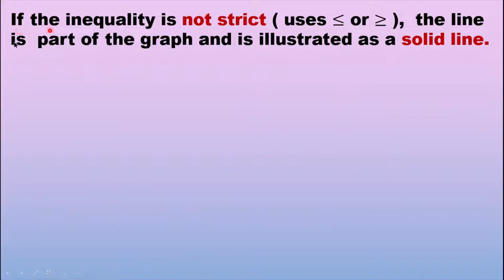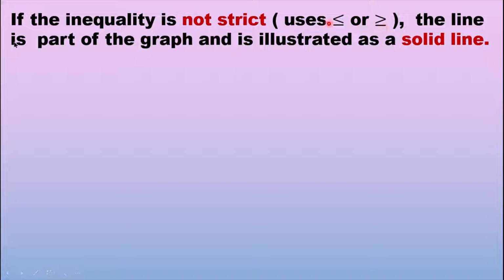If the inequality is not strict, it uses is less than or equal to or is greater than or equal to. So, not strict inequality, ito naman yung ating inequality sign na gamit. Is less than or equal to or is greater than or equal to.